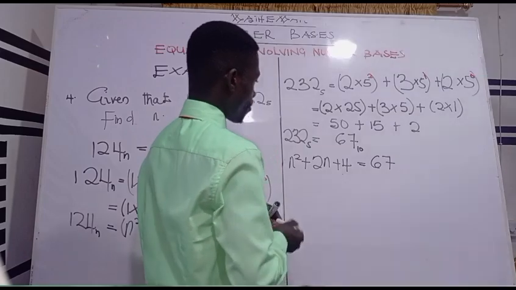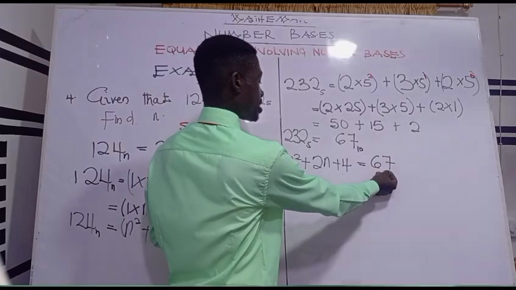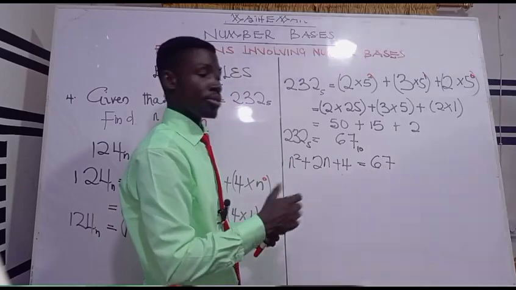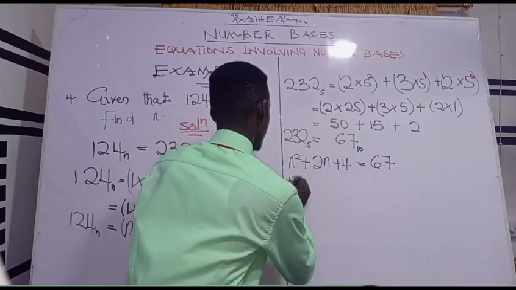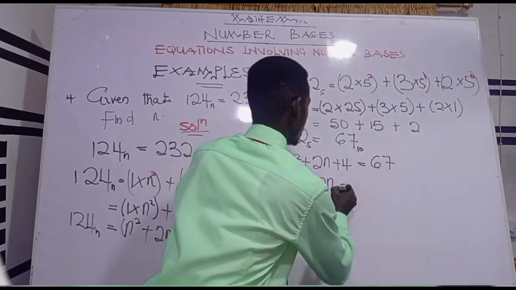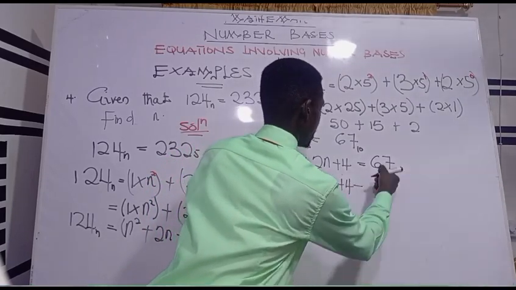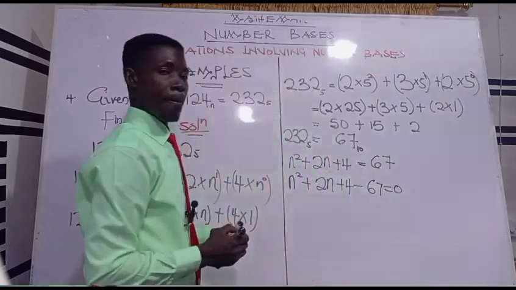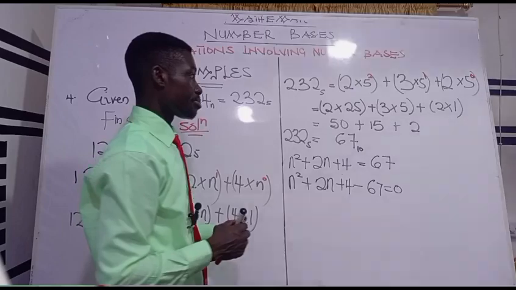Good. Now let's bring the 67 to this side of the equation so that we can equate all of them to 0. Okay, so we are going to get n squared plus 2n plus 4 minus 67 is equal to 0. I guess you are following.